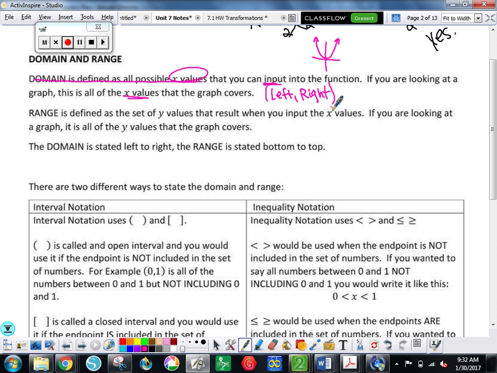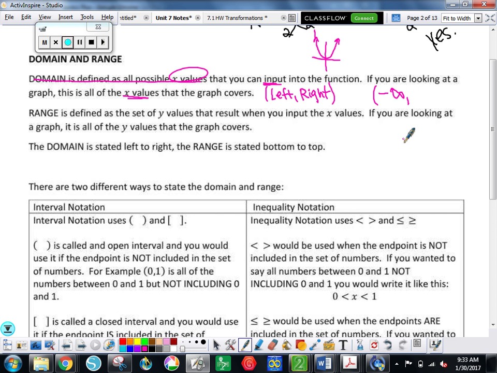Technically, on a parabola, how far left does it go? Does it go left forever? Yeah, like it's going up, but it's also going left as it's going up. So on a parabola, the lowest point would be negative infinity.